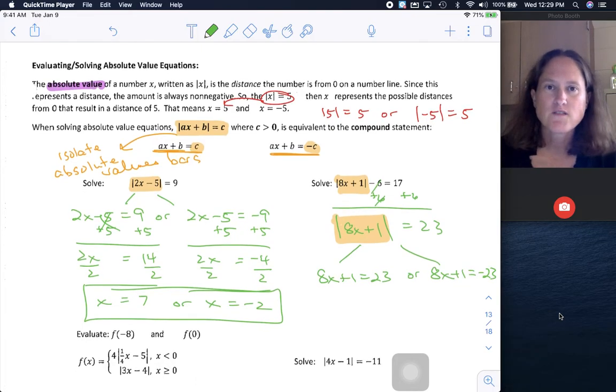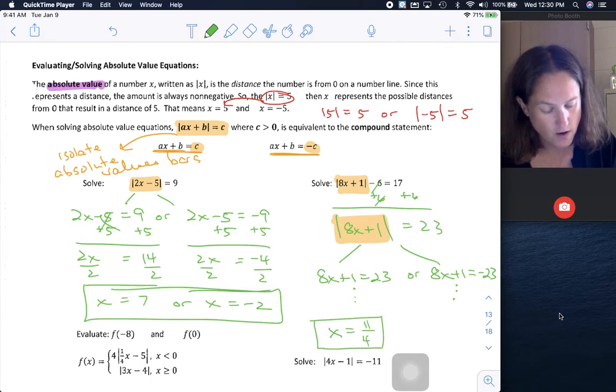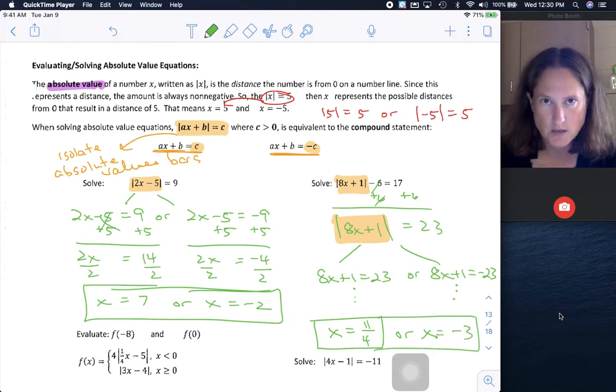Okay. Pause the video, go ahead, try finishing that off, and then I'll give you the answers when you're done. Okay, once you do the work, you should get the 2 solutions: x is equal to 11 fourths, or x is equal to negative 3. So those are your 2 solutions that will make that original equation true.